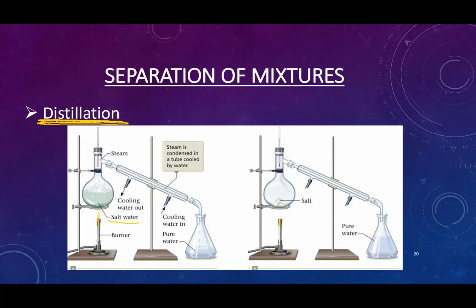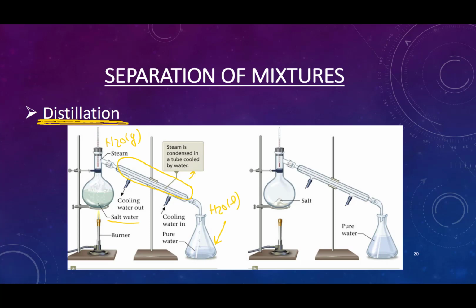That means we heat the solution of salt water, then the water starts boiling at 100 degrees Celsius, and it goes through this tube. That tube is connected to cold water. Then cold water converts gaseous water, or water vapor, to liquid water.